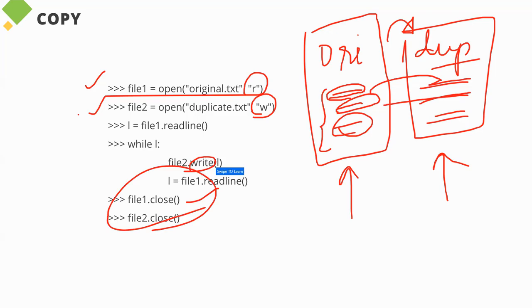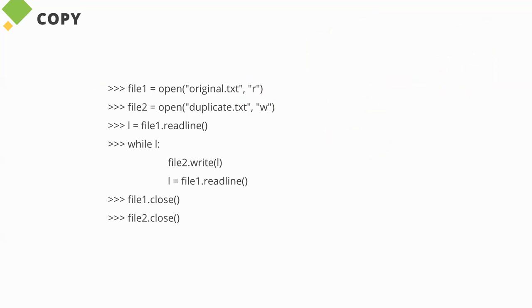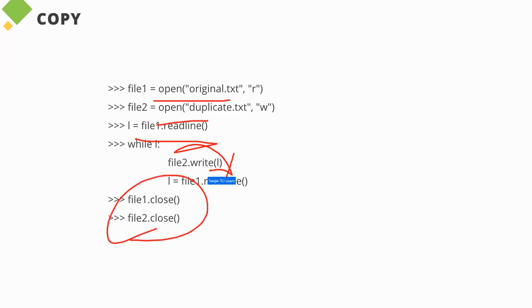Whenever you work with files, you have to close the file so that it frees the space and stops using memory, and it also prevents any further operations on the files. So this is how to copy a file: opening the two files, reading the content from one file and writing the same content into the next file, and closing the files. In this way, you will be copying files, right?